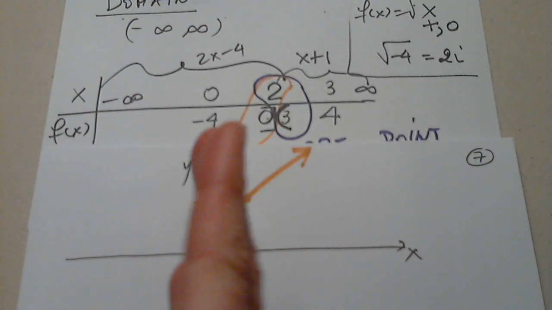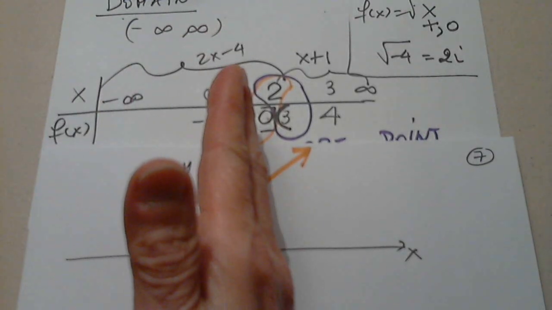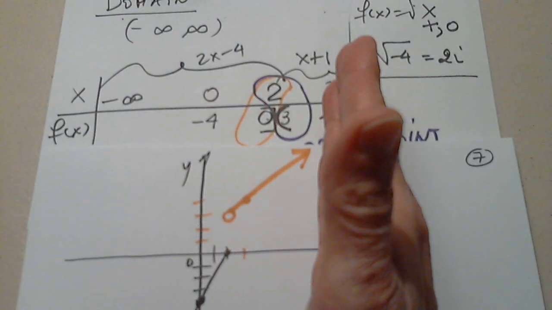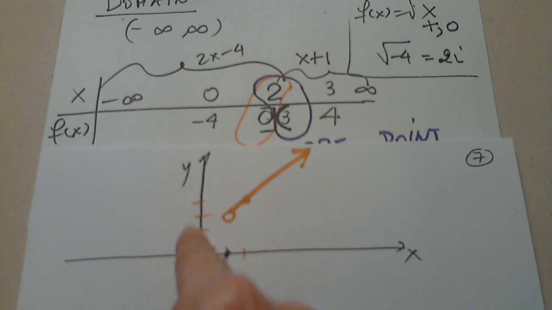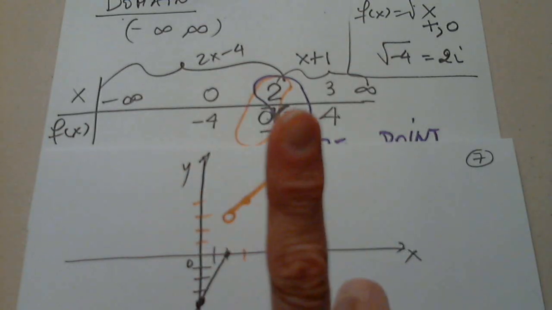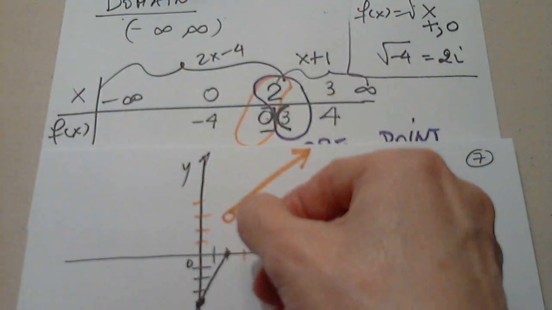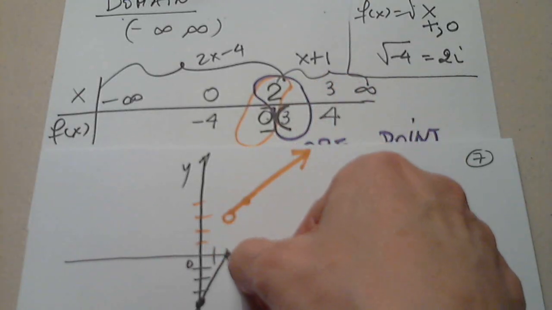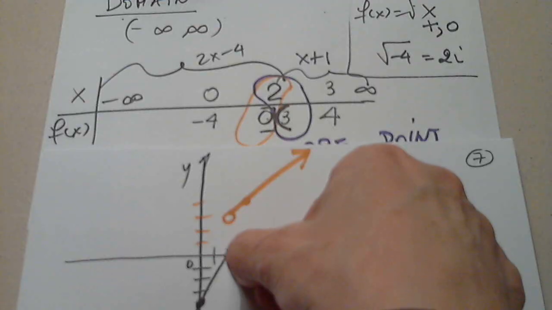The black piece is only from -infinity to 2. Now this is a function by the vertical line test. Every vertical line crosses the graph in only one point. Even if I graph a vertical line here, that's fine. It only crosses in one point.